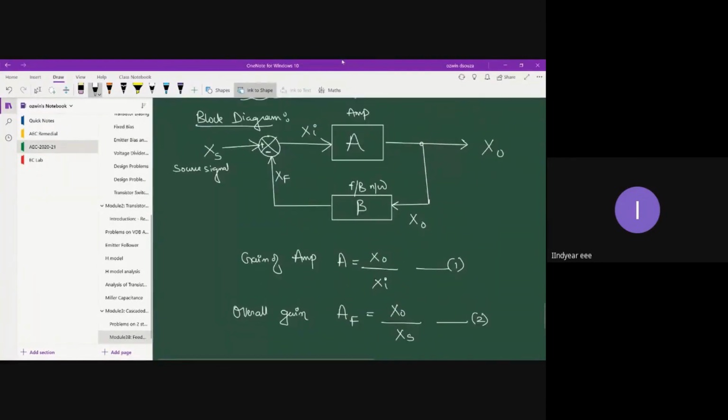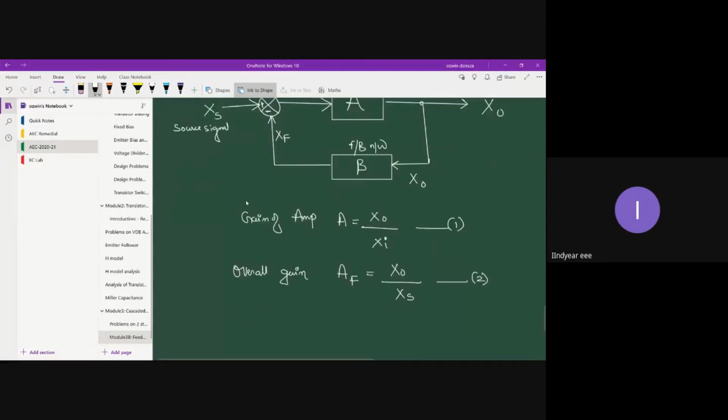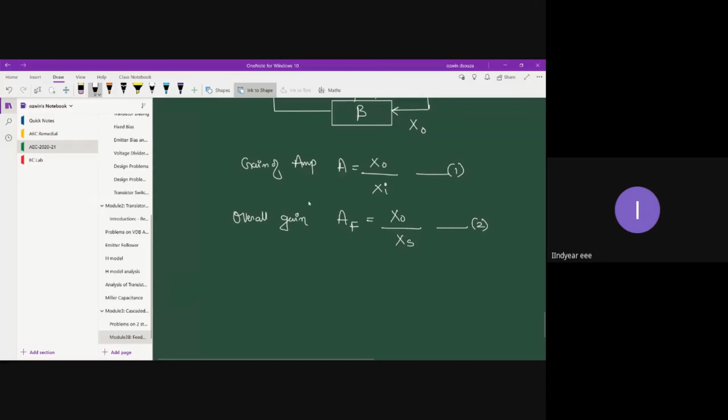The amplifier gain is output signal divided by xi, and the overall gain AF is the output signal x0 divided by the source signal xs. So that's your equation 2. From equation 1, you can write the output signal x0 as the amplifier gain A into xi.